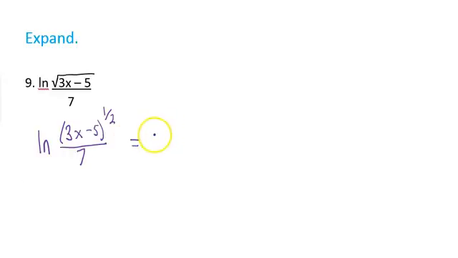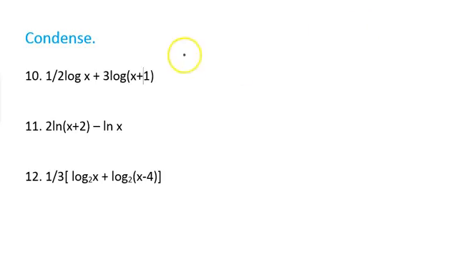So that top part stays together, the 1/2 moves to the front. So 1/2 natural log 3x minus 5. Can't separate anything there. The minus ruins all of our plans. The 7 is on the bottom, and so I can subtract from there and say minus the natural log of 7. It did not fall under the square root, so it does not get a 1/2 in front. It's just plain.